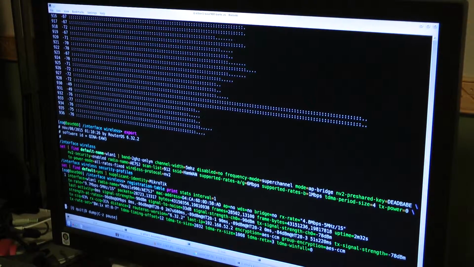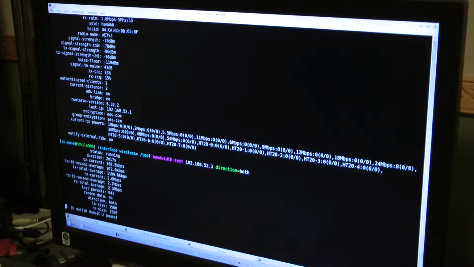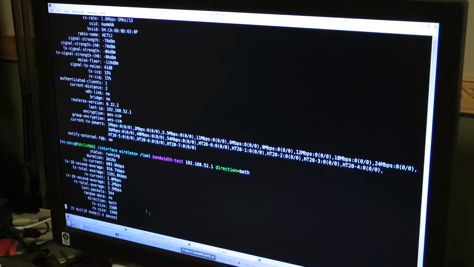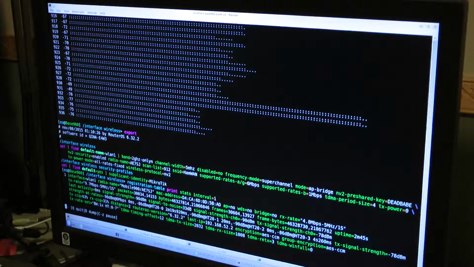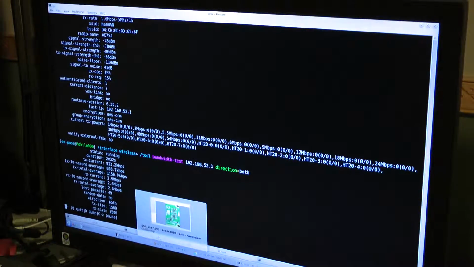Is it going to happen this time? 30% CCQ. Well, it's kind of holding its own, isn't it?